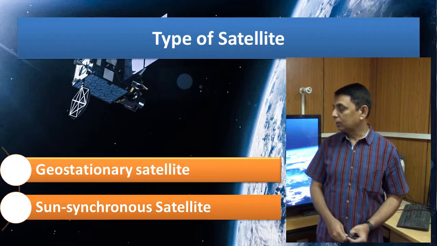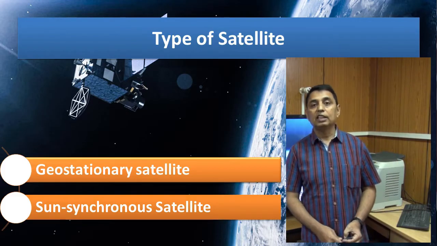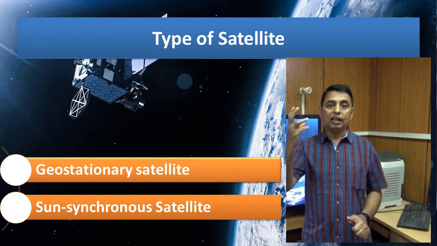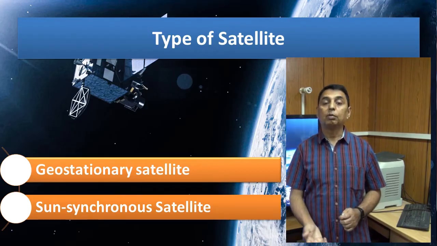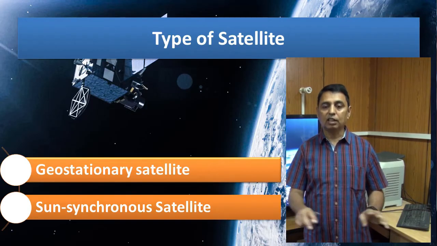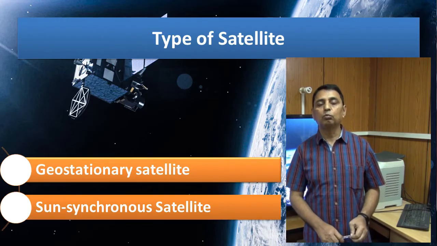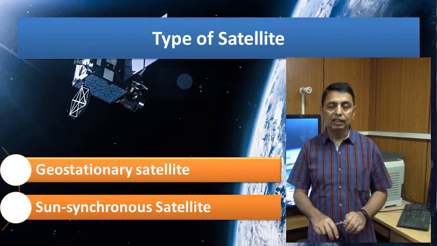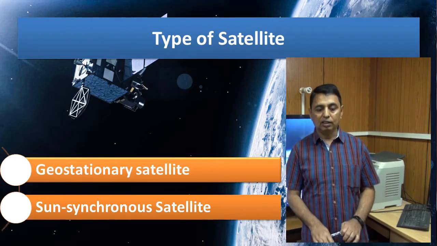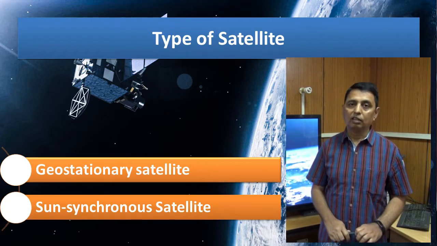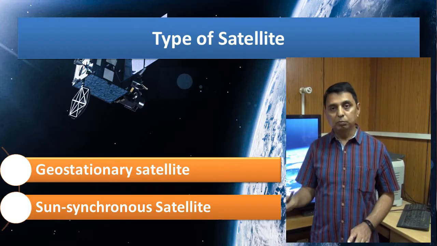A geostationary satellite is stationary above the earth at a particular location, meaning the relative motion of that satellite is the same as that of the earth, because the earth is also moving.